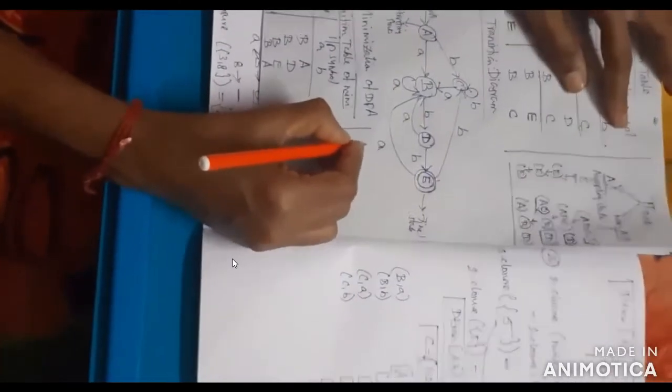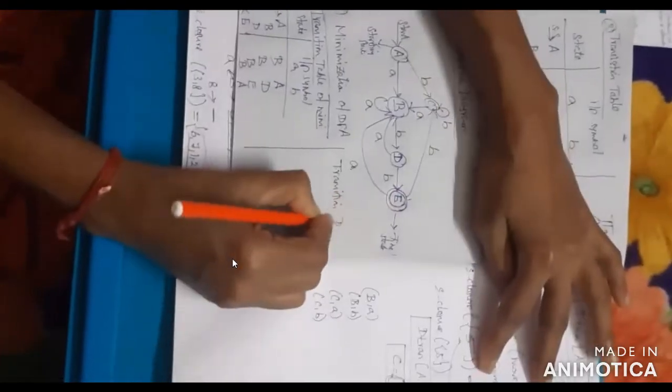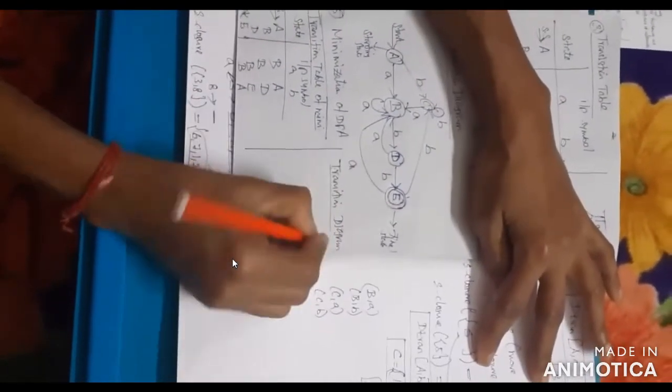After minimization you can draw the transition diagram. How to draw the diagram?